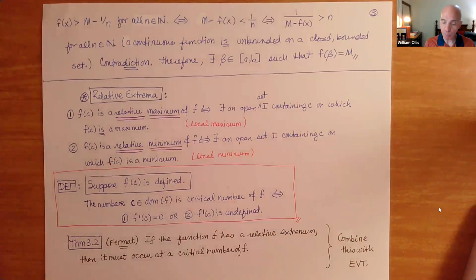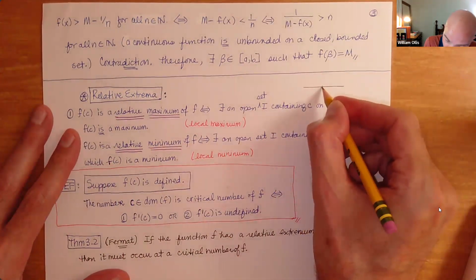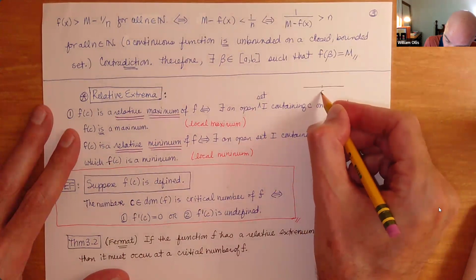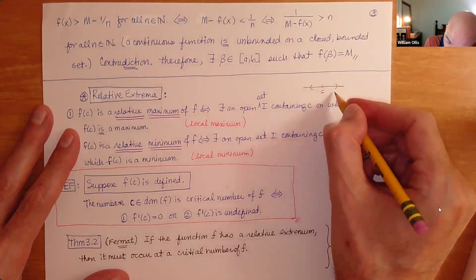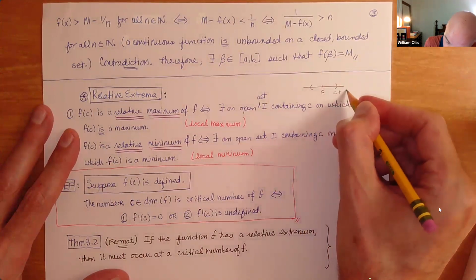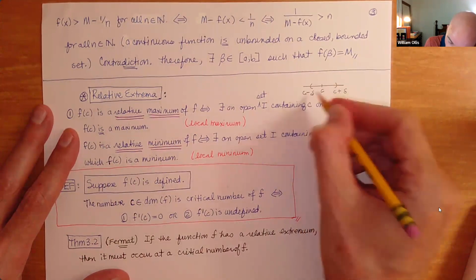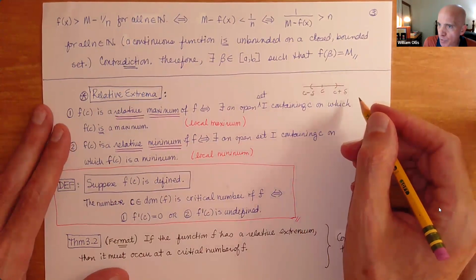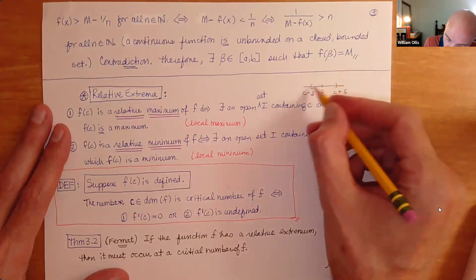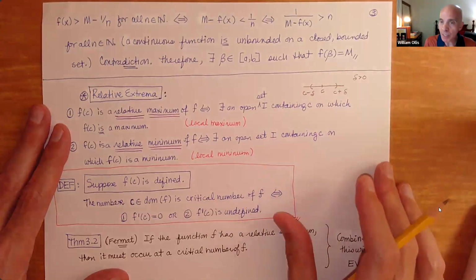Okay, so like I said before, you can think about an open set about C. If you like, you can just think of a little delta neighborhood, C plus delta. We'll use this in the Fermat theorem. I'll be able to go through a couple of steps with that proof because it's a little bit more straightforward than the EVT.